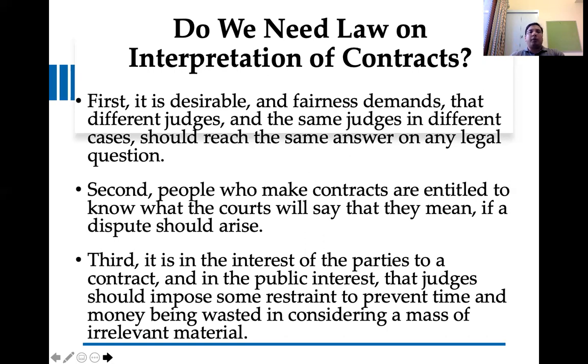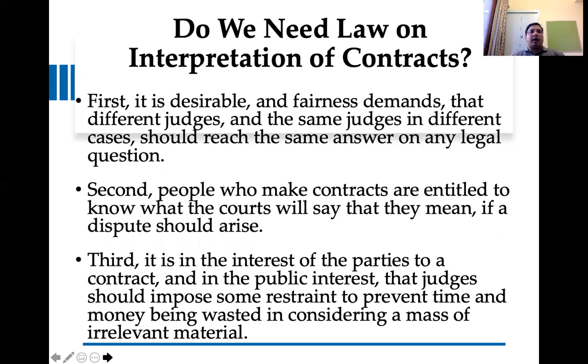Second, people who make contracts are entitled to know what the courts will say they mean if a dispute should arise. Third, it is in the interest of the parties to a contract and in the public interest that judges should impose some restraint to prevent time and money being wasted in considering a mass of irrelevant material.